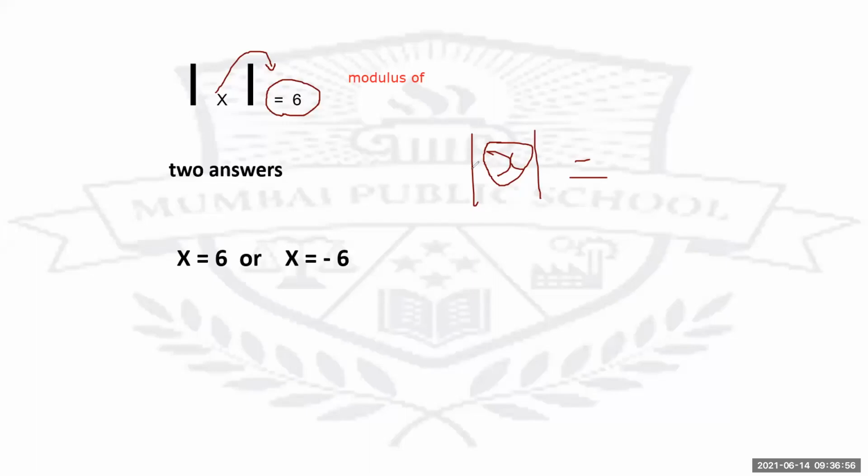Now check here, x which is given inside the modulus sign is positive. That means here you'll get 6. Now this can be minus x also. But as it goes inside this modulus sign, this negative x is going to become positive x. This is the use of the modulus sign. So whenever you come across these two vertical lines, you have to remember you're going to get two answers.